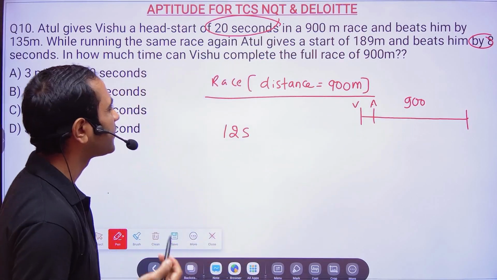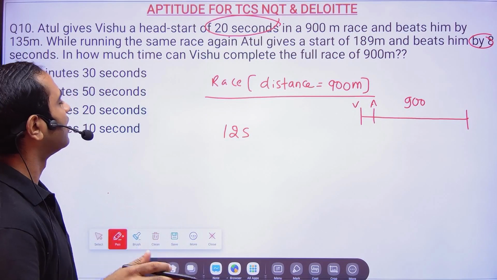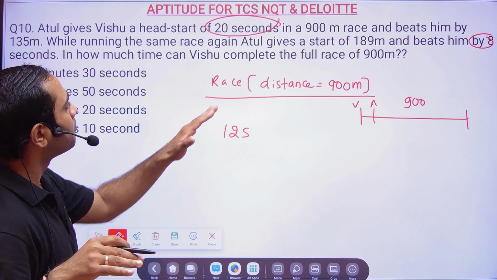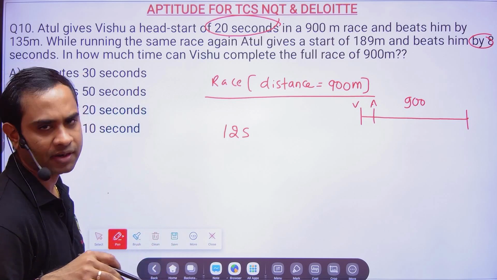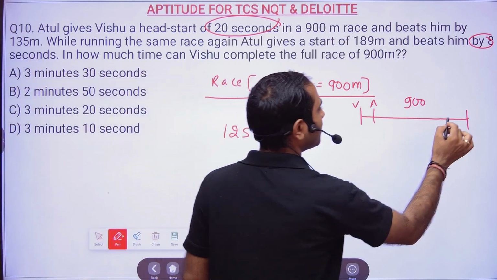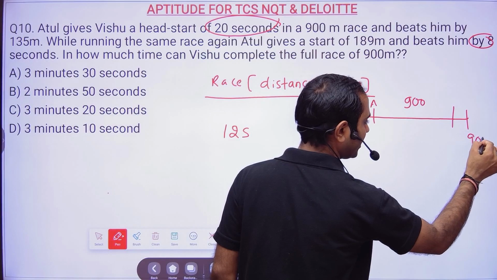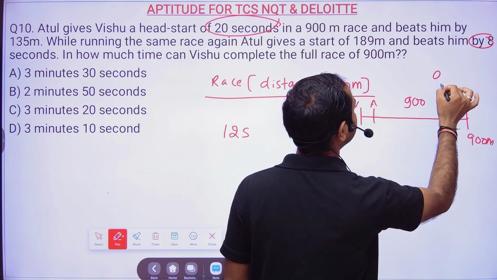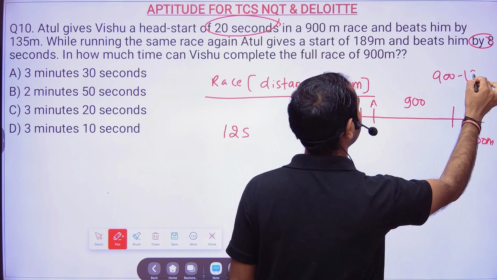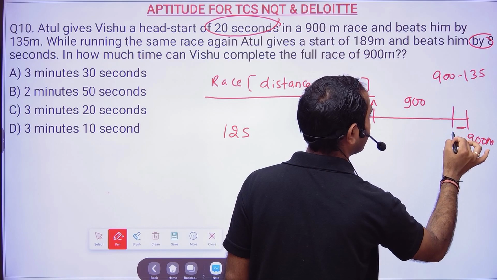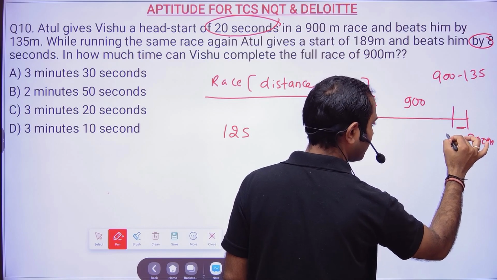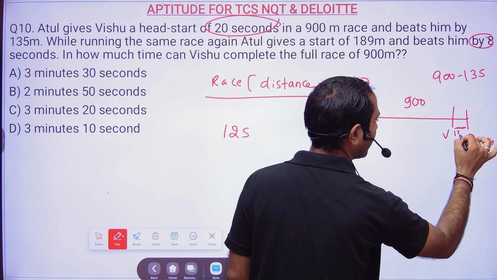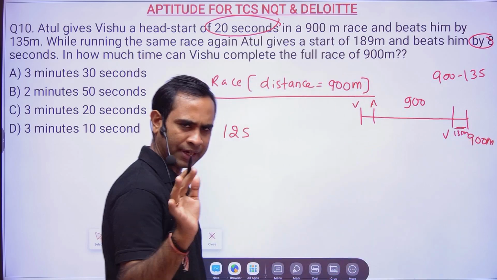That is only the head start, and still he beats him by 135 meters. That means when Atul reaches 900 meters, this guy is at 900 minus 135 meters. That means Vishu is able to reach only here, 135 meters behind. That is what the question says.